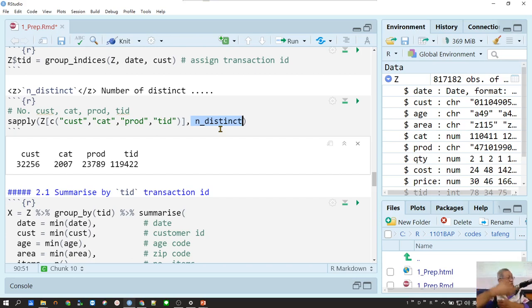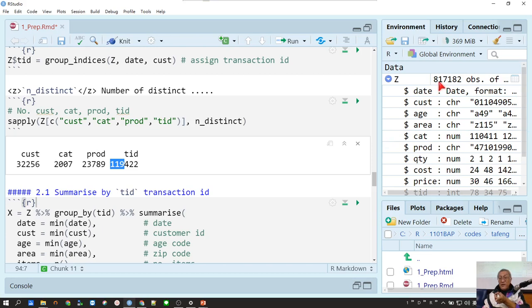So in this data set, we are talking about 32,000 customers, 2,000 product categories, 23,000 product items, and 119,000 transactions.